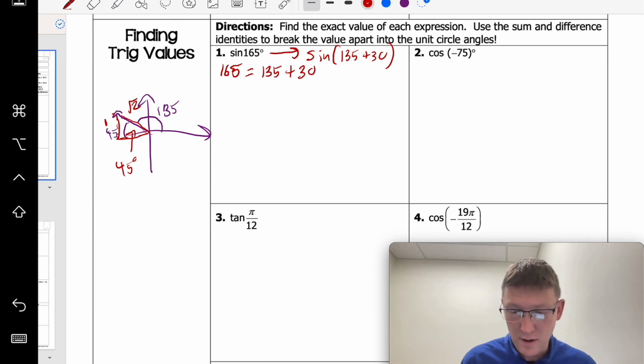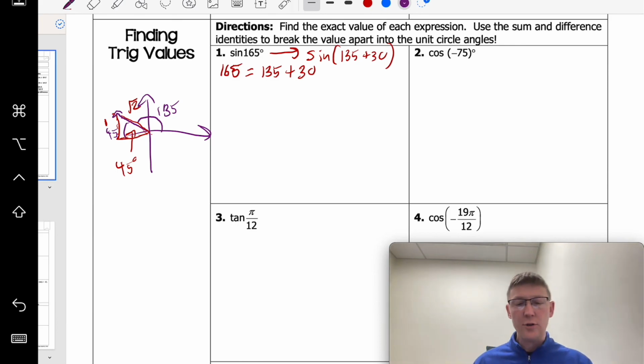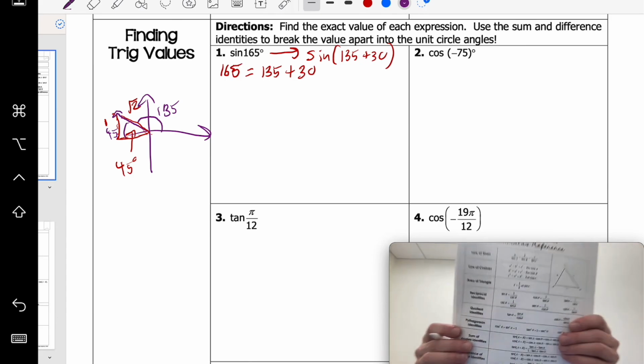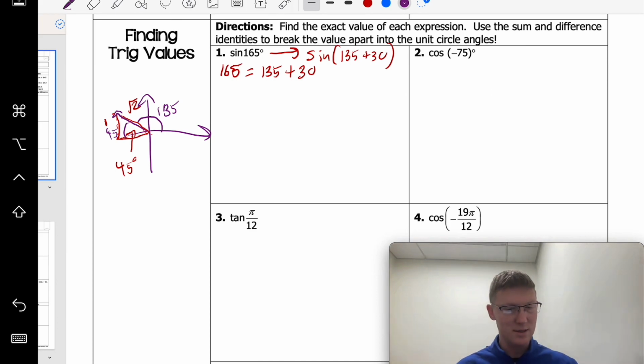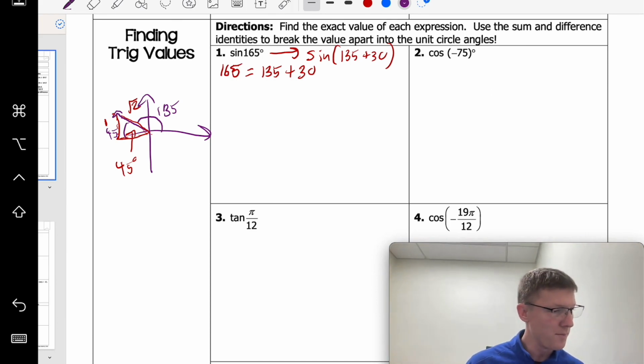We're done with the hardest part for this problem. So now we use the sum of angles, and I even went and got my formula sheet because I didn't want to keep switching back and forth.